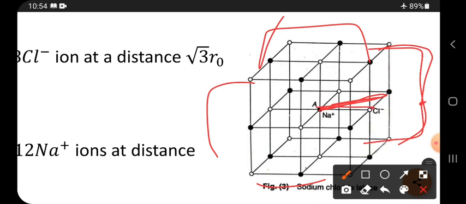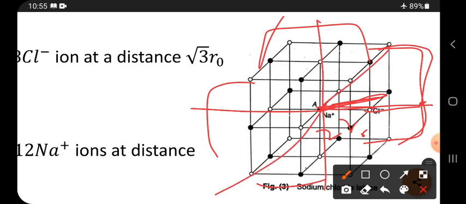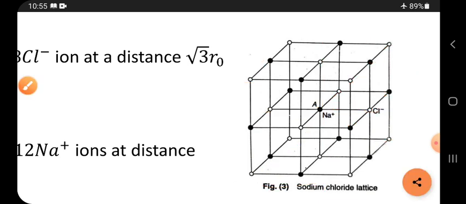Here to here is r naught, and from here to the next center of the cube is r naught. So total is how many distance? 2 r naught distance. Okay, so this side 2 r naught 1, 2, 3, 4, back 5, front 6. Yes friend, like this you have to understand. 2 r naught means r naught is what?